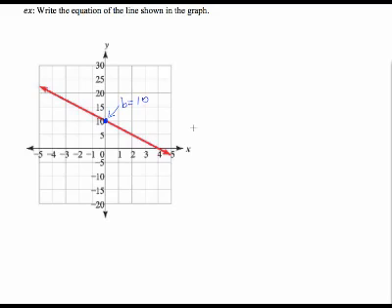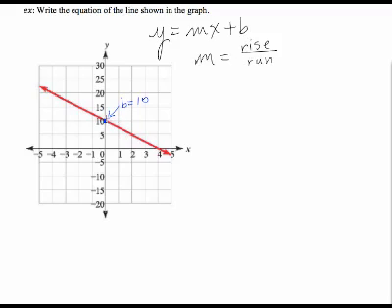It's also very easy to read off some points on the line. But if you know b, it might make the most sense to use the y equals mx plus b form, at least if I can figure out the slope from the graph, which, let's see, looks like I can, because remember slope is rise over run to get from one point to the next.